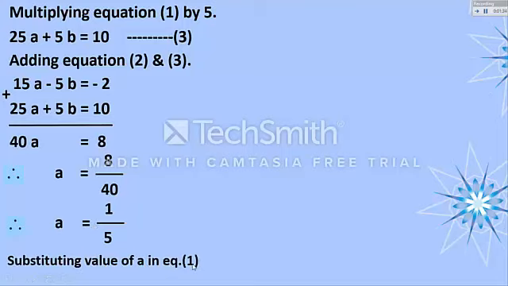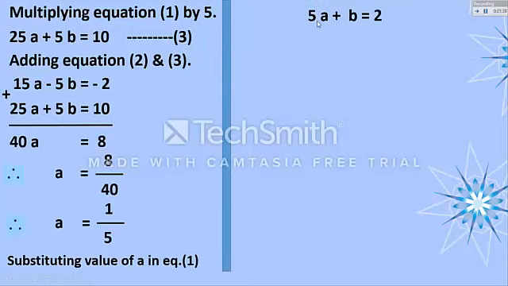Now we substitute this value of a in equation 1. Equation 1 is 5a plus b is equal to 2. Substituting a as 1 upon 5, 5 into 1 divided by 5 plus b is equal to 2, so 5 cancels, and 1 plus b is equal to 2.